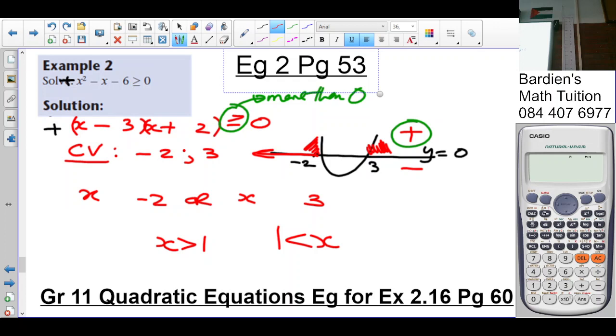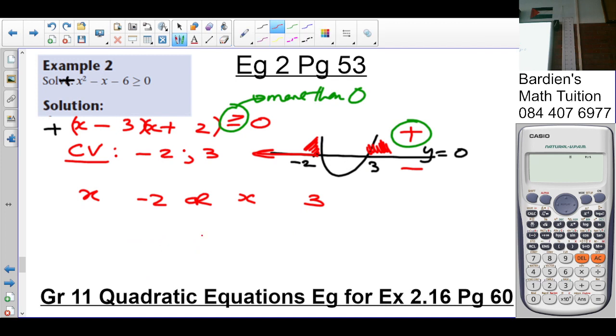Okay, let's go again. This one? X is more than 1. This one here? X is more than 1. Yes, why? Because it is open to the x. Okay, can you see it? Right, let's go again. Let's go here. X is less than and equal to negative 1.